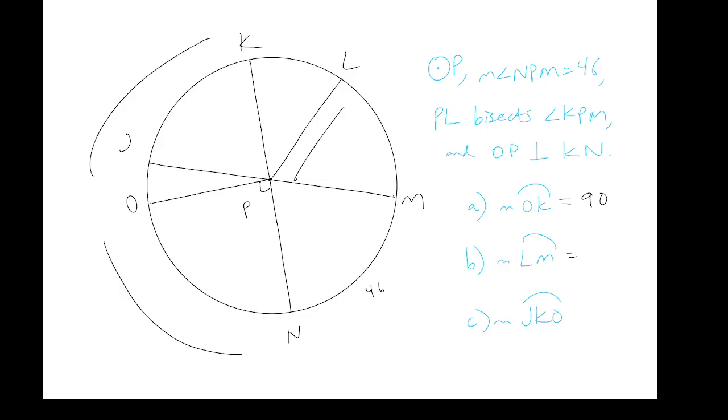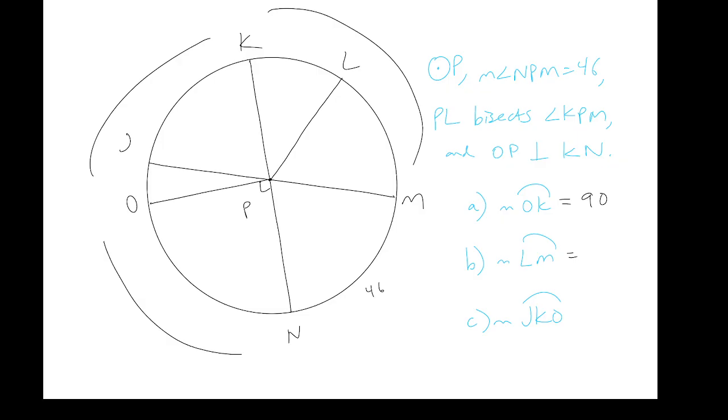Moreover, we're told that PL is a bisector, so we're trying to find LM. If we can find KM, we can do the rest. So 90 plus 90 is 180 plus 46.